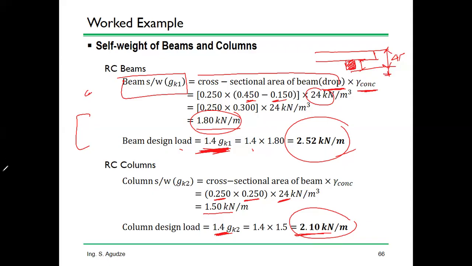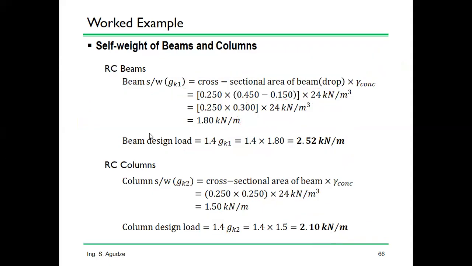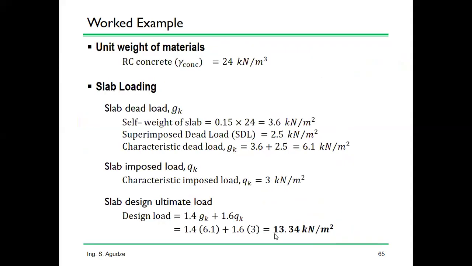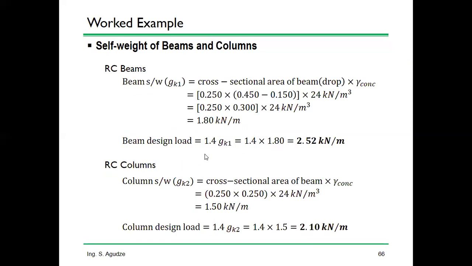So now let us get this clear, the values we have calculated. The unit weight, design load for the slab, okay, is 13.34. Let's note it. And design load for the beam is 2.52. And design load for the column is 2.1.